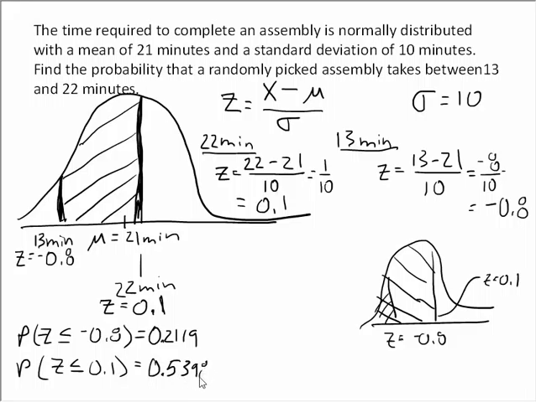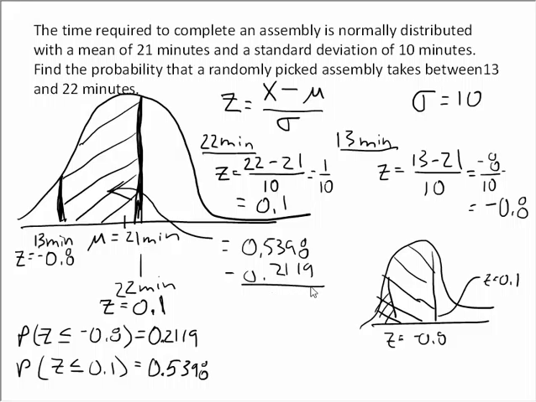0.5398. And now we said we just have to subtract the two to get this area. So this area here, put a big arrow, is equal to 0.5398 minus 0.2119.